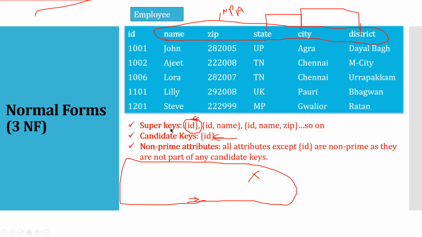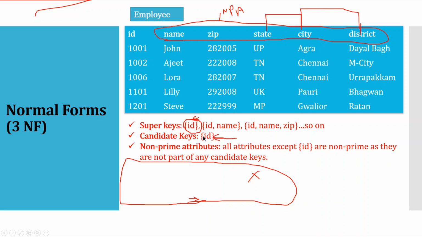So we say that ID is the candidate key and the rest of the columns of the table are non-prime attributes. That means these columns are not part of any candidate key. So we already have one candidate key in our table. We don't have more than one candidate key, right?